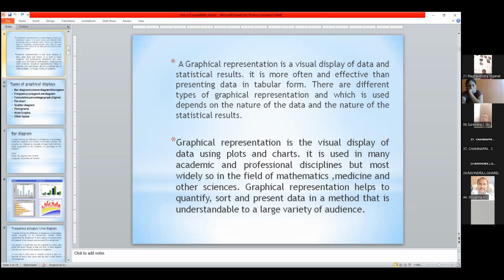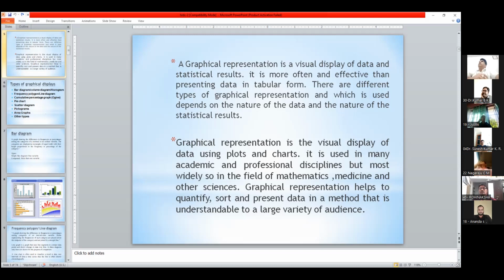The graphics give a quick idea and an overall picture in a nutshell. It can show you the trends. That is where graphical representation is more attractive, and it gives a good visual display.